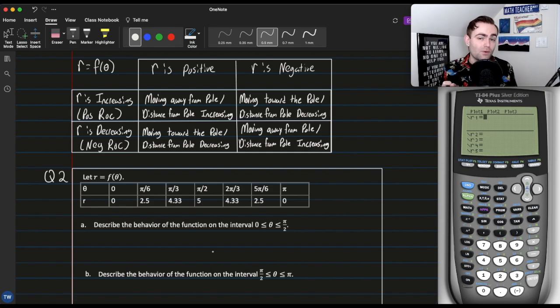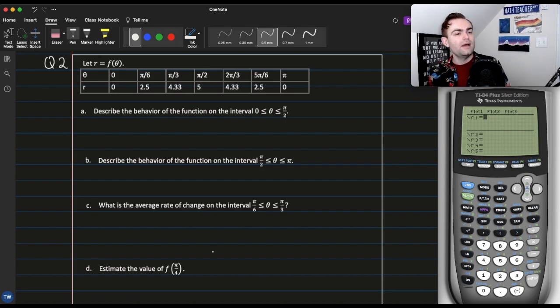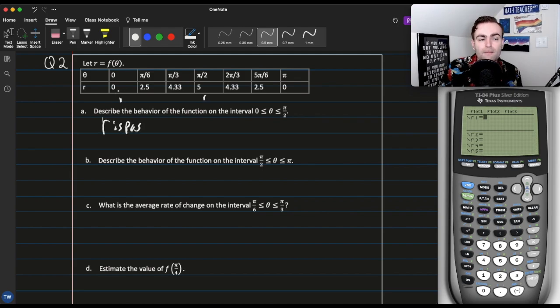Opposite signs, moving towards. So let r equal f of theta. We're going to describe the function's behavior from 0 to pi over 2. From 0 to pi over 2, we can see that r is positive. And it's also going from 0 to 5, so r is increasing.